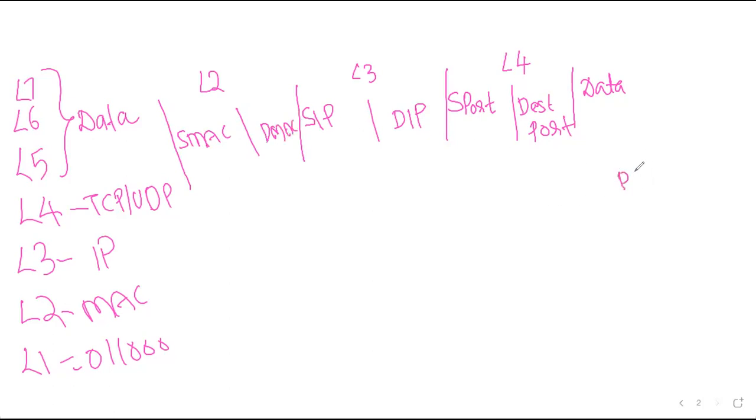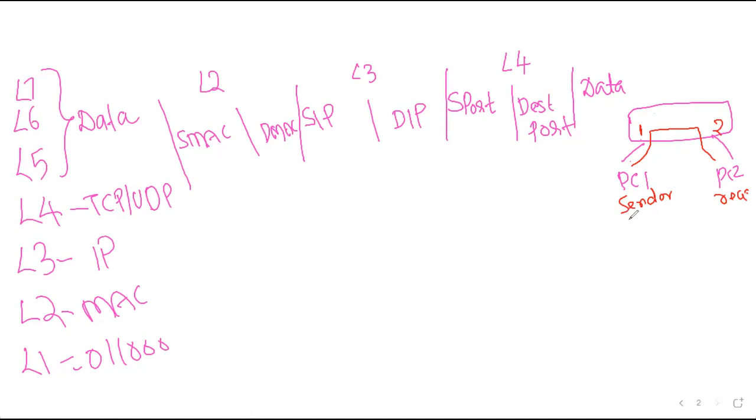If PC1 is sending to PC2 via the switch, the traffic will go like this. This is the sender, this is the receiver. The sender and receiver, PC1 and PC2, are connected to port number 1 and port number 2.